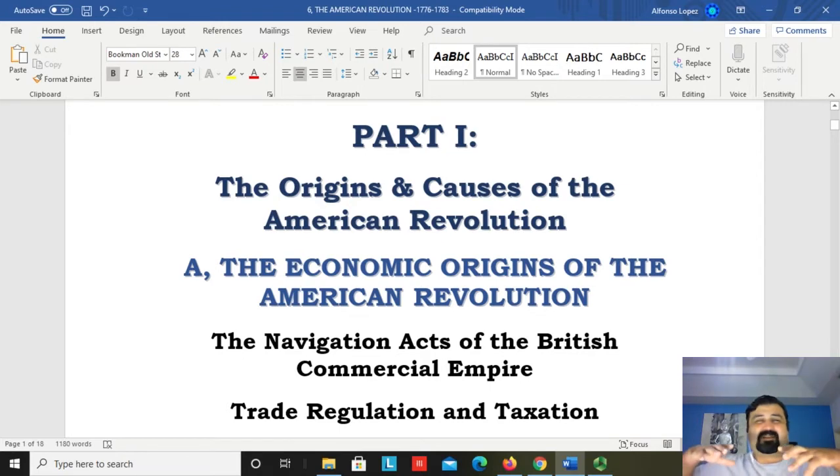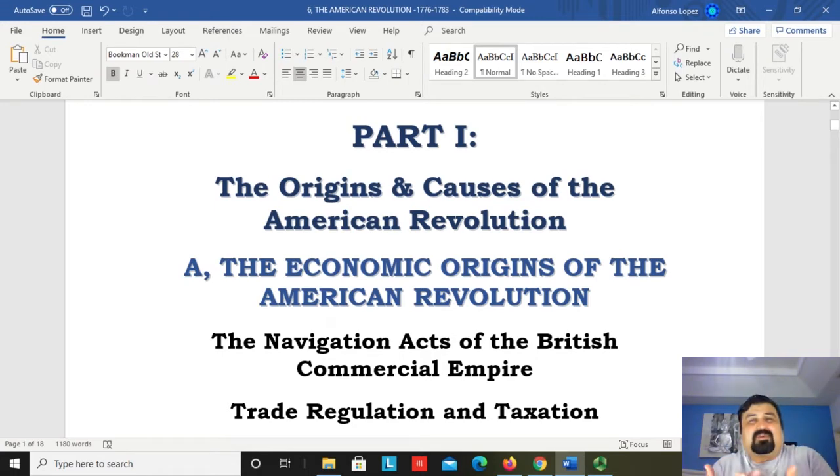So by the 1600s, the British are beginning to expand their control of some regions, for example in the Americas and also in Asia, like in India, and establish some colonial territories there. The purpose was for those colonies to produce certain resources, particularly agricultural products.